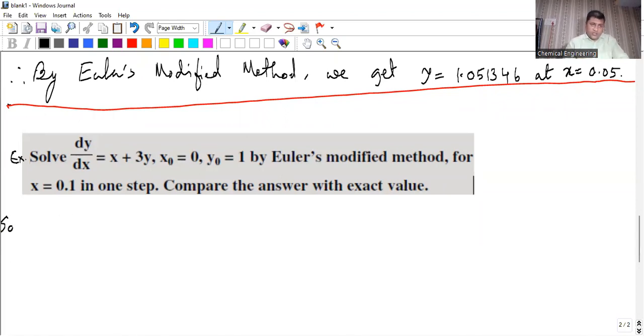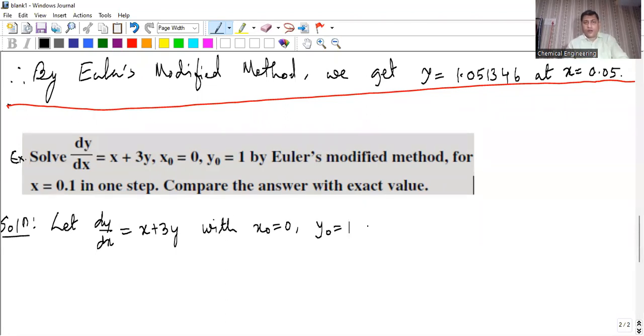So we go with the solution. Let dy by dx is equal to x plus 3y with initial conditions x0 is equal to 0, y0 is equal to 1.